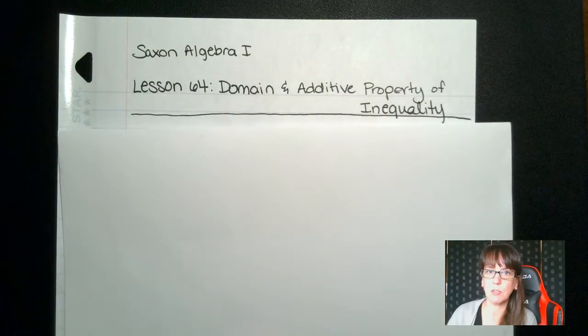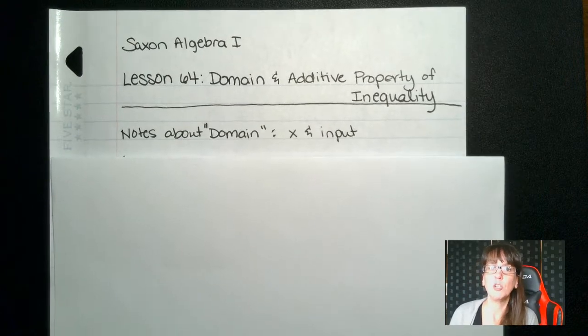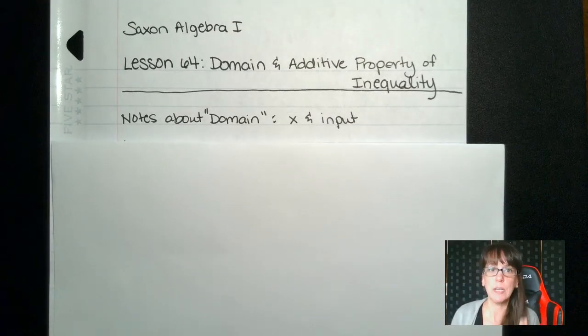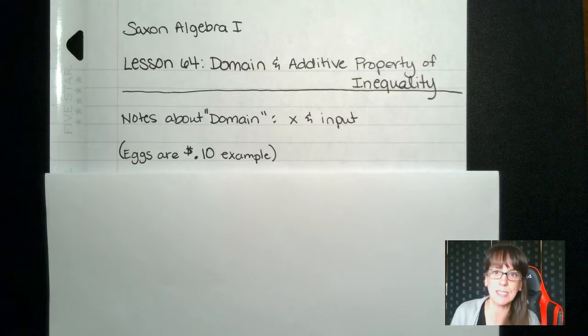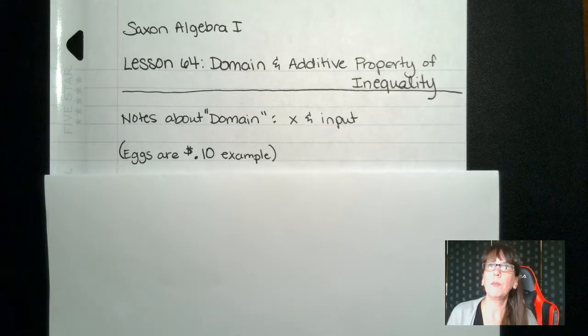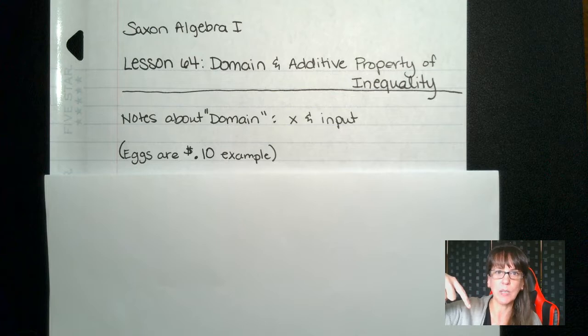When we talk about domain, remember, domain is your x, which is your input. For example, eggs are 10 cents. We're going to put in how many eggs we're getting, and we're going to get out our total cost.